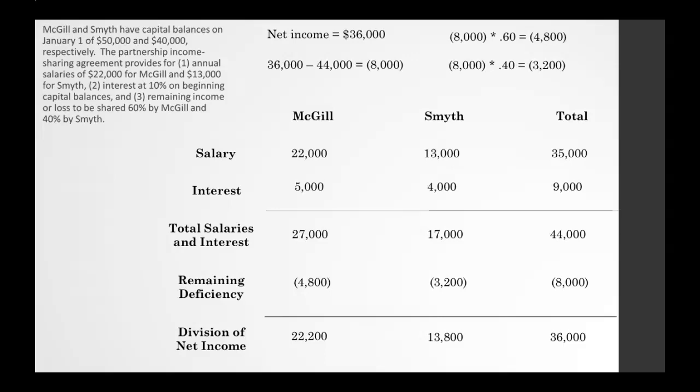The company still made $36,000. They didn't make enough to pay out the full salaries and interest and have a little bit left over, but they still made money. So their capital balances will still be increasing here after this division of net income.